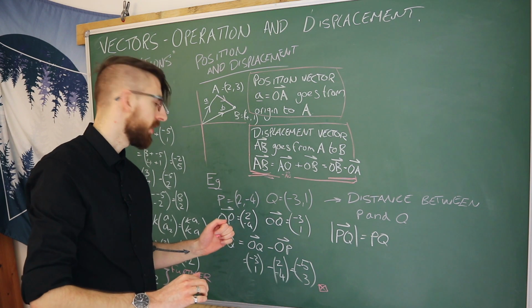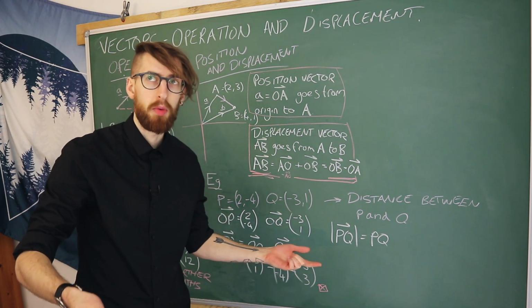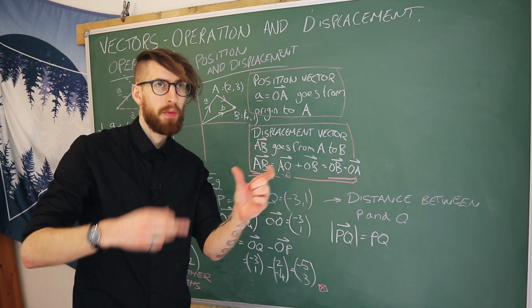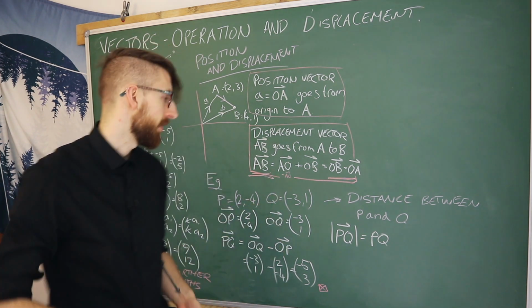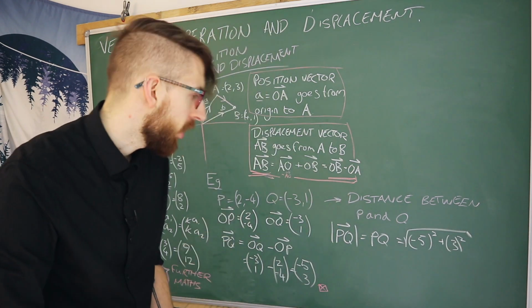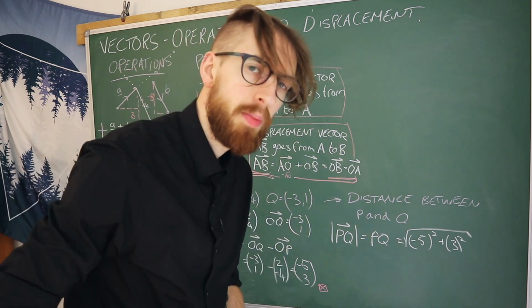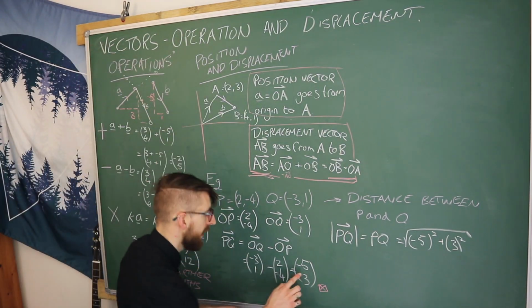But what we're going to do is, same as in the previous video, it's just Pythagoras. So we're going to do x component squared plus y component squared and square root all of that, and then see where it gets us. And it's going to be that. Just going to backtrack a bit. I've just realised that was a minus 4, so it should be plus 5.